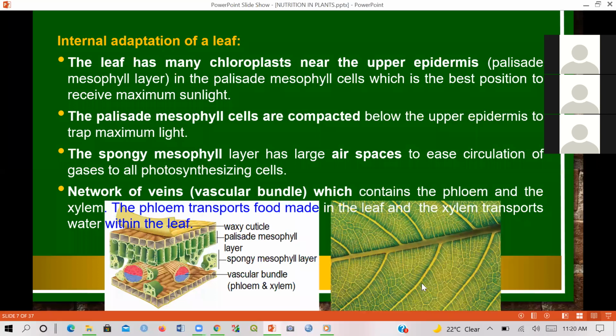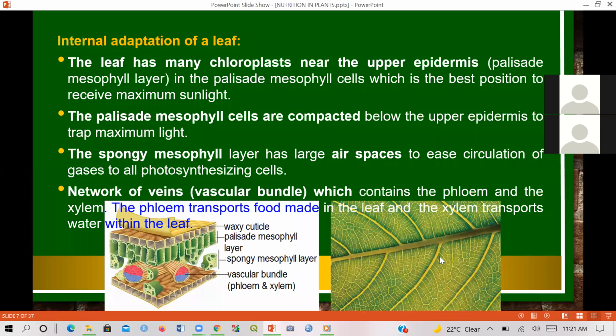These veins are actually the phloem and the xylem. If you look at the first picture, the vascular bundles are the veins. Their presence helps in the transportation of the food that is made, and also the water that is required during the process of photosynthesis.